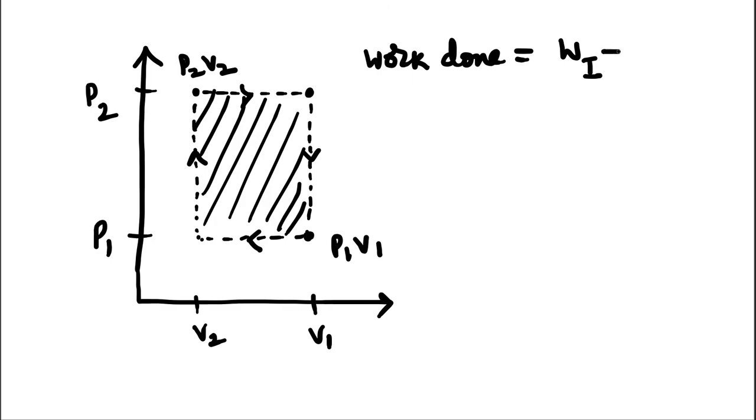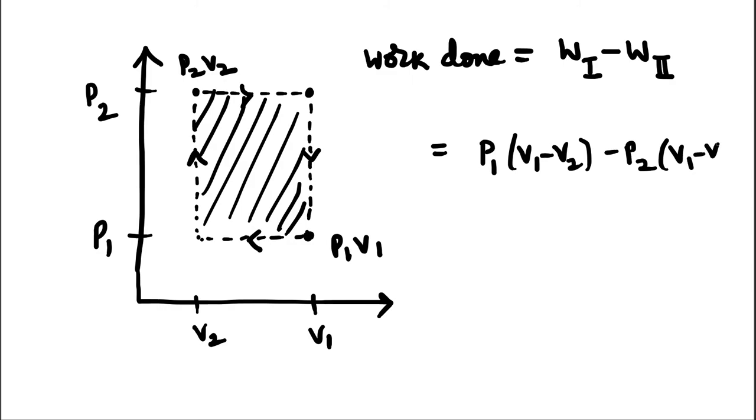That means negative W2. So what does it mean? P1 times V1 minus V2 minus P2 times V1 minus V2. If I take V1 minus V2 as a common factor, I get V1 minus V2 times P1 minus P2.